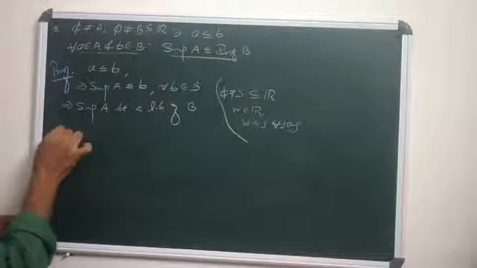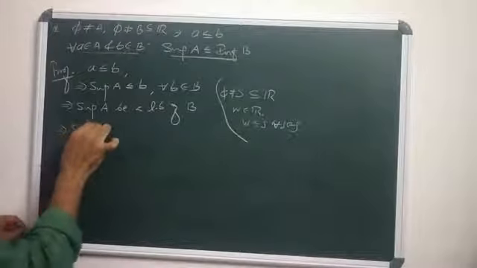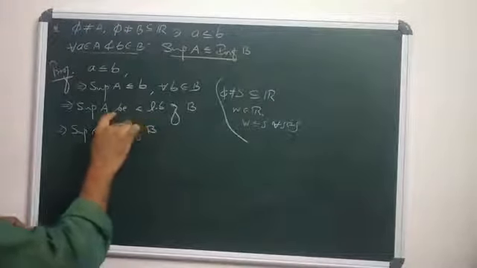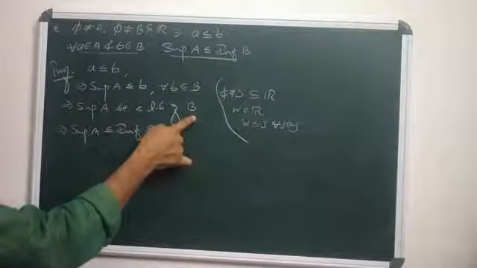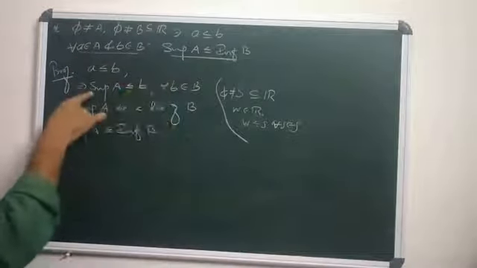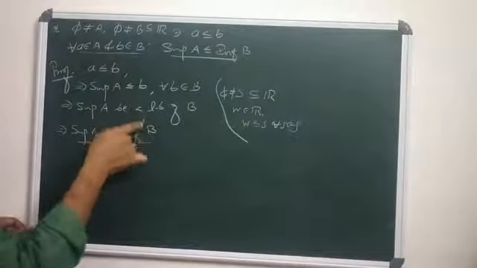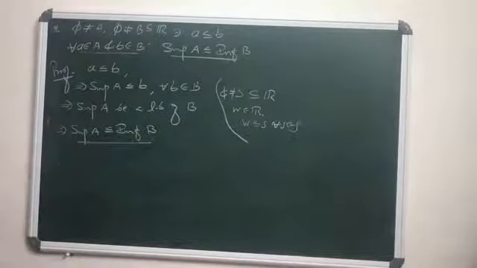Since the supremum of A is a lower bound of B, it is less than or equal to the greatest lower bound of B, so the supremum of A is less than or equal to the infimum of B. Okay.